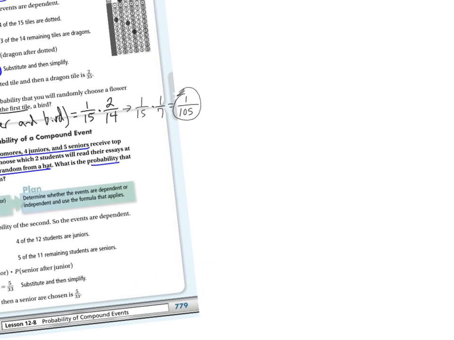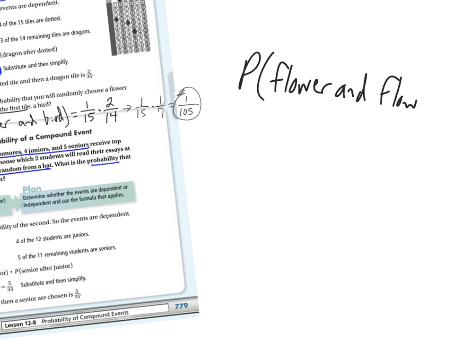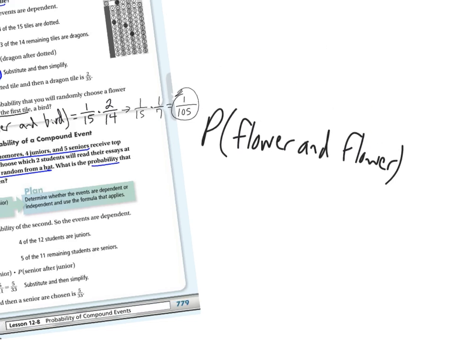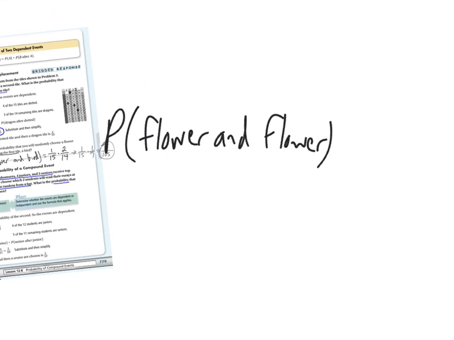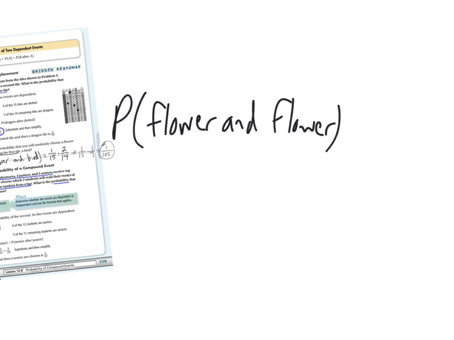So before we go any further, just to mention a different problem. This is in my book, it's not in your book. We're going to do the same thing without replacement. So let's say we want the probability of a flower and a flower without replacement. So to start with, there's 1 flower out of 15.